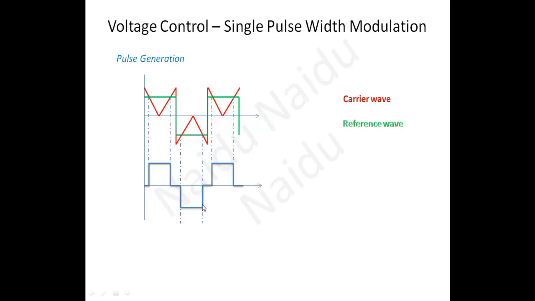But you may ask the question here: we are able to generate this type of waveform, so why do we need to go for inverters, etc.? Remember, we are generating this using a microcontroller or the like. This is very, very low voltage, generally 5 volts, with current in milliamperes. But the output of the inverter needs to be very high voltage and very high current, in kilovolts and kiloamperes.